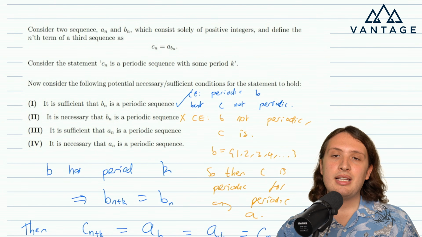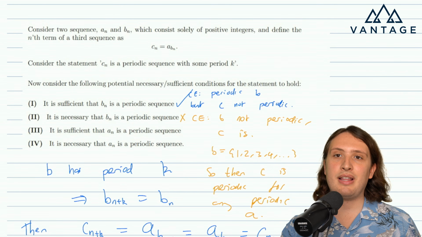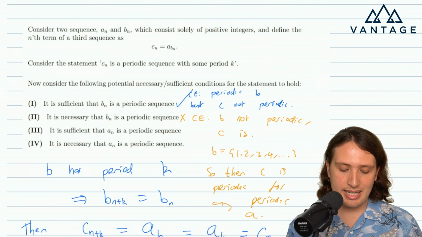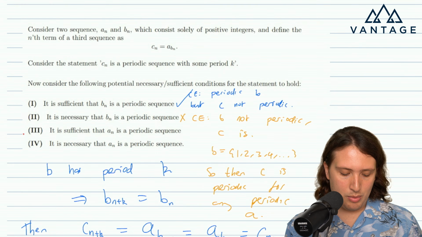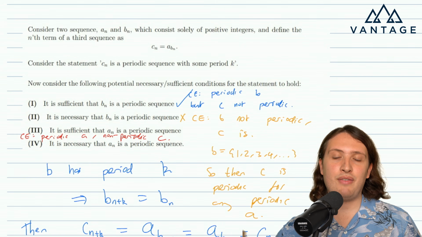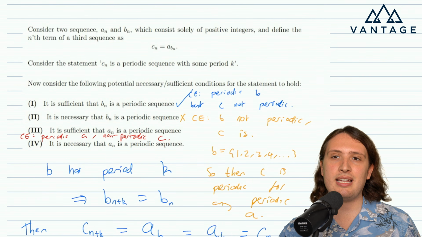The next option, 3, says it's sufficient that A is periodic. So that means that A being periodic guarantees the periodicity of C. What would a counterexample look like for this? It would be a case where we have a periodic A, but then a non-periodic C, because that shouldn't be possible if A being periodic guarantees that C is.